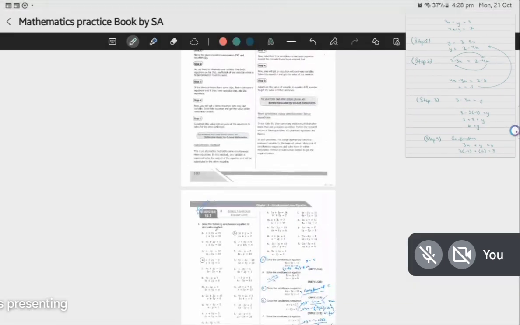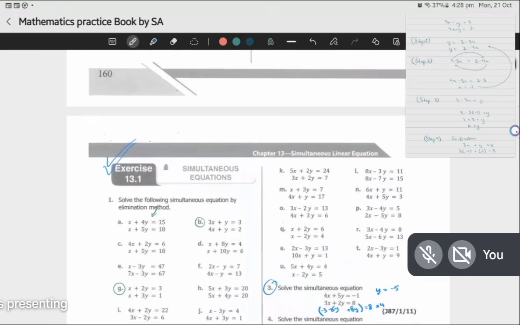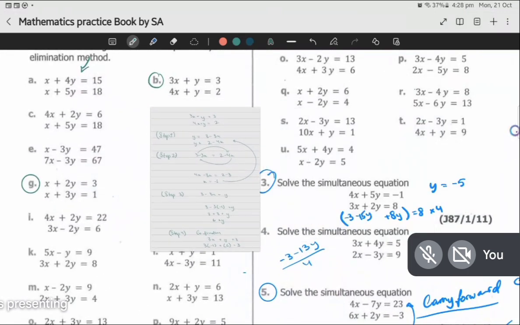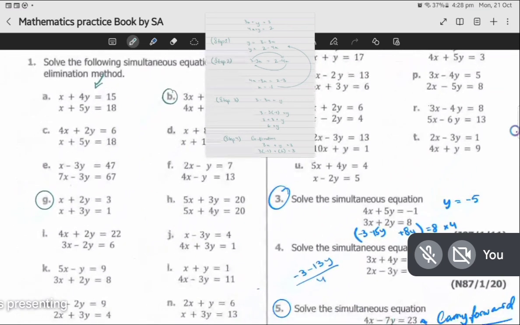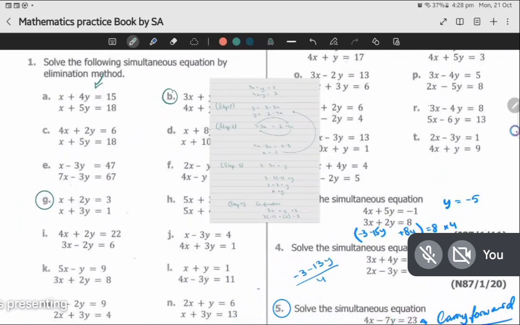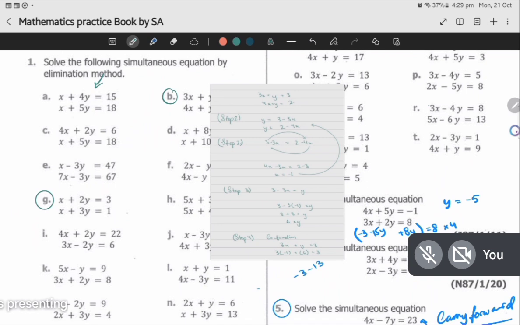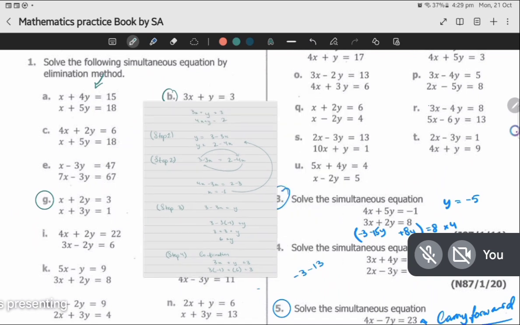Okay, is it visible? So the question is part G. Here is your guide. Okay. Try solving this question. Is it visible? Can you see the guide? Yes.